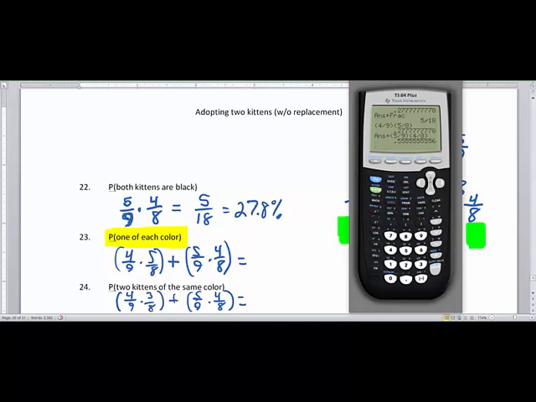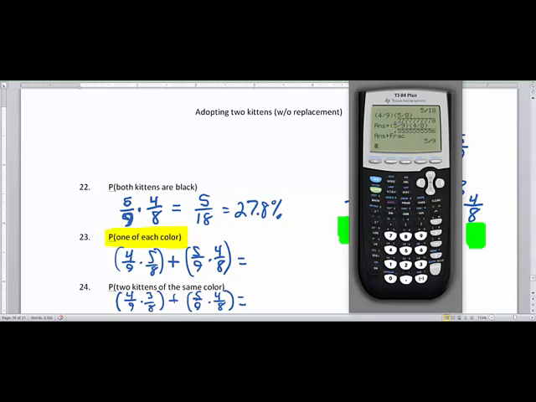And I am going to now convert this. So I'm going to go with my math key and go to my fraction and give it the fraction of 5/9. So this is 5/9 and 0.55555, and so on and so forth. So if I move the decimal 2 over, it's 55.6%.